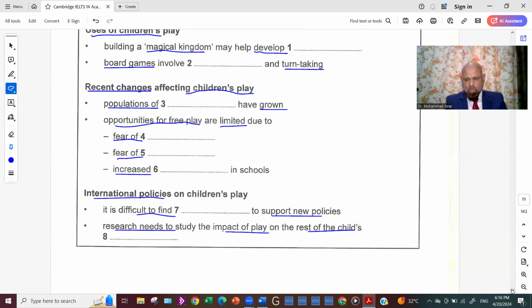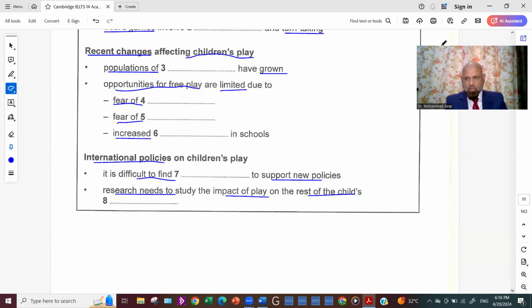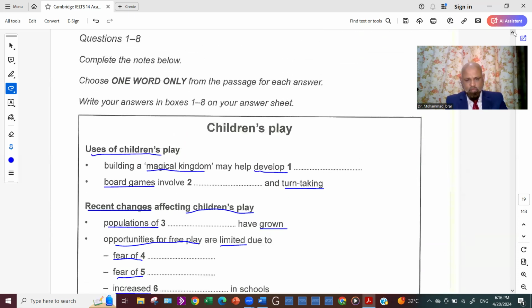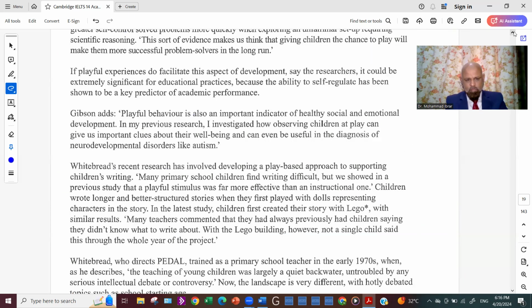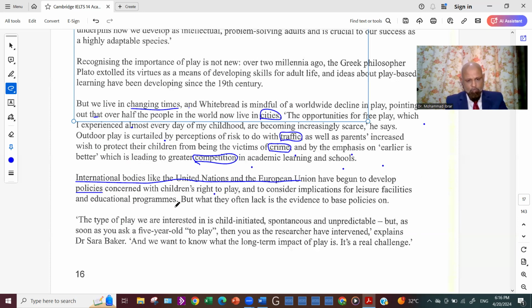And then we have research, the impact of play. So they lack something to base policies on. So evidence is the right word here. It appears to be so.